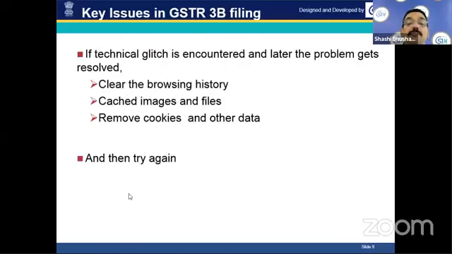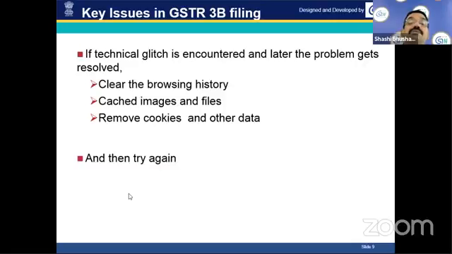Sometimes in individual cases people have faced technical glitches, especially in respect of their registration application and registration facilities. When those technical glitches get resolved, they get a message that it has been resolved and they should try again.